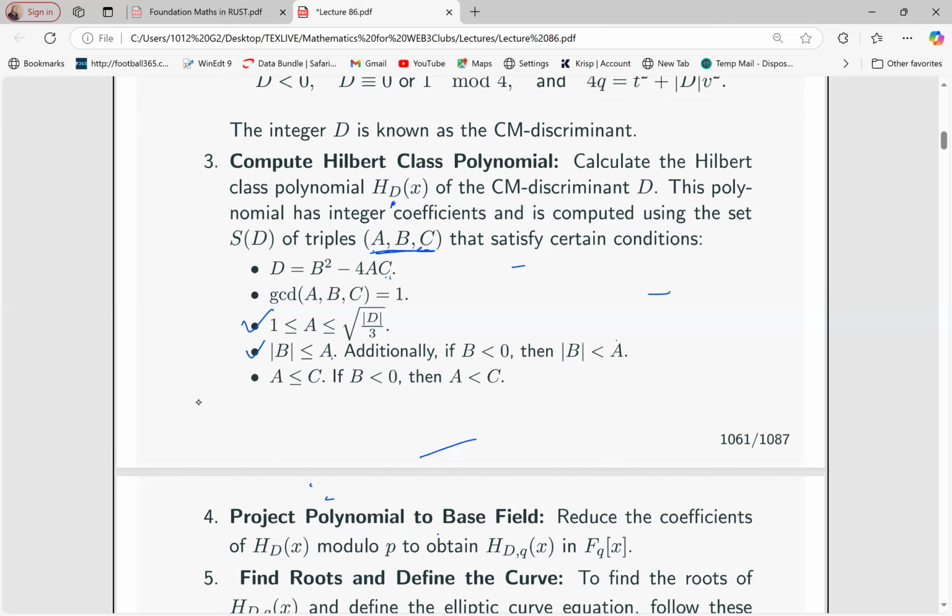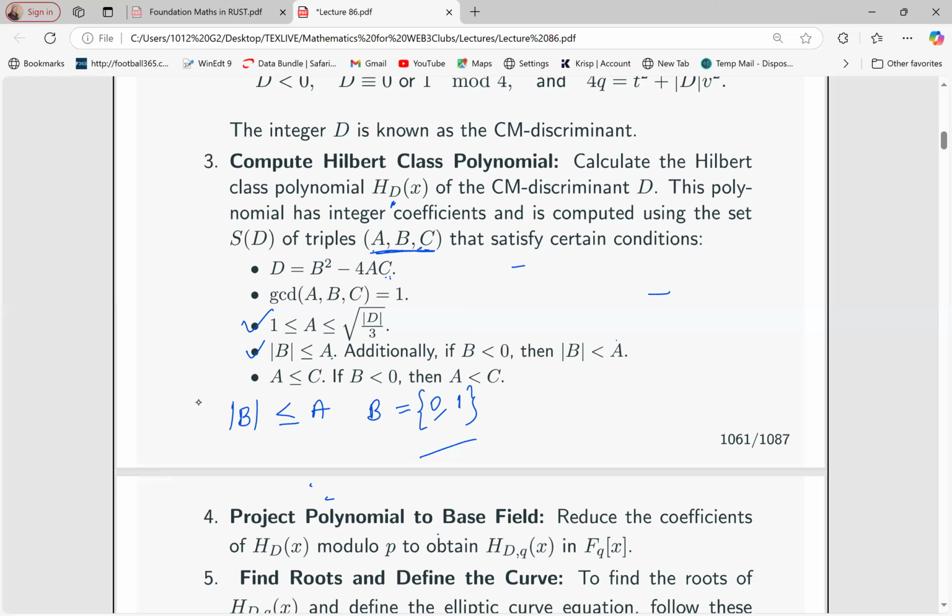So the modulus of B should be less than or equal to A. That means B is likely to be 0 or 1.